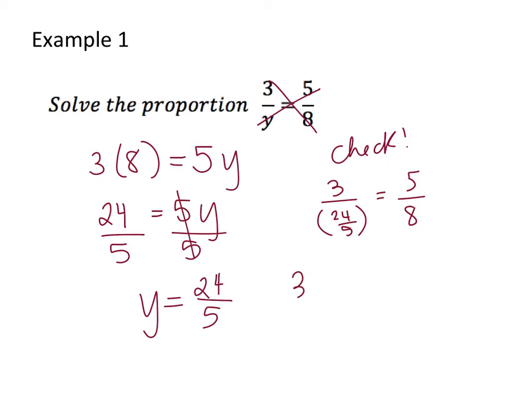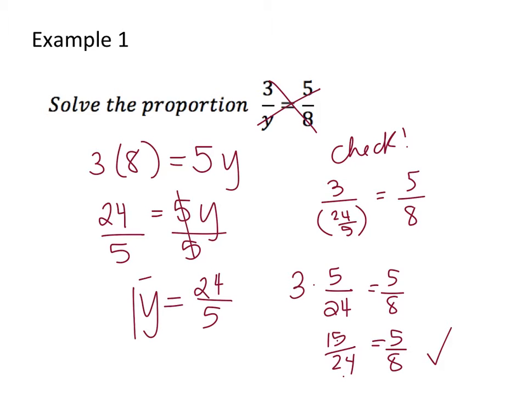So this would just be 3 times 5 over 24. 3 times 5 is 15 over 24 is equal to 5 over 8. If I was to divide both of these by 3, I would end up with 5 over 8 because 15 and 24 have a common factor, 3. So this is correct. So y is equal to 24 over 5.